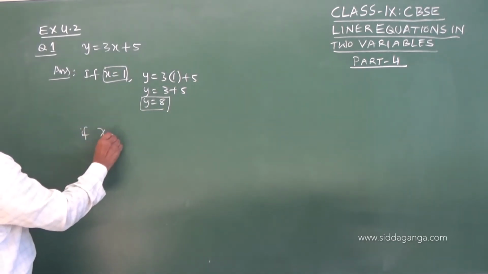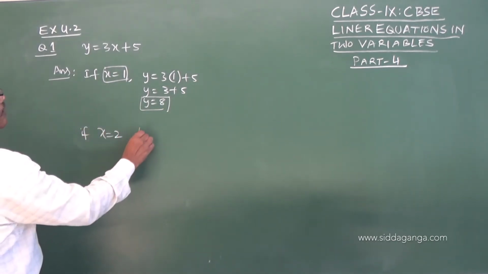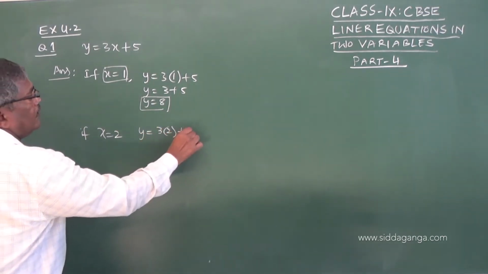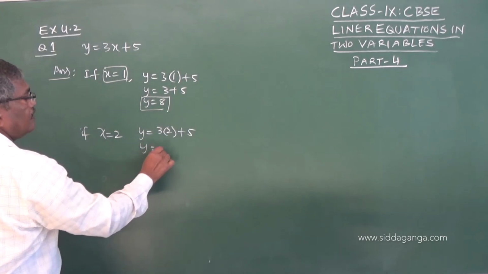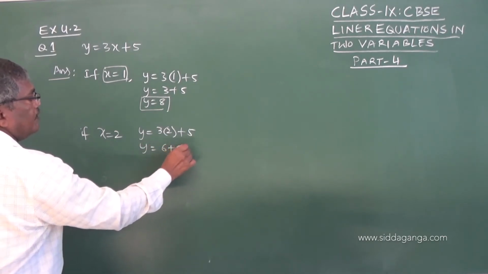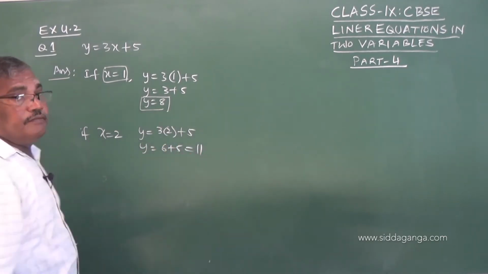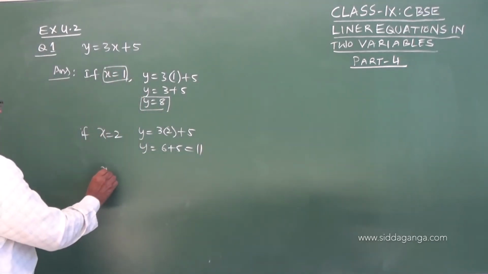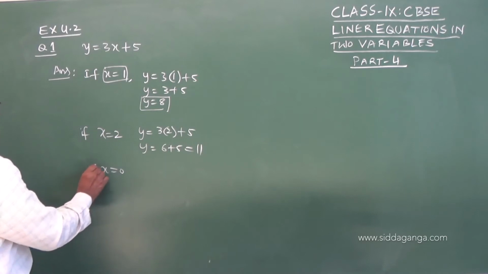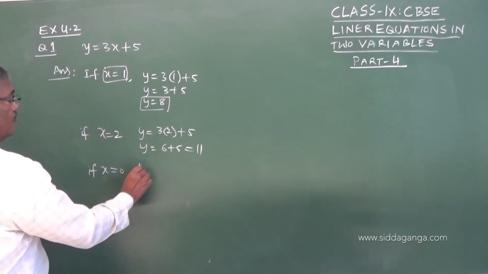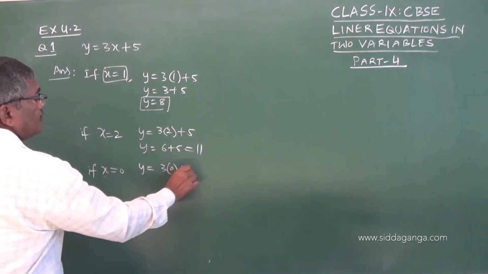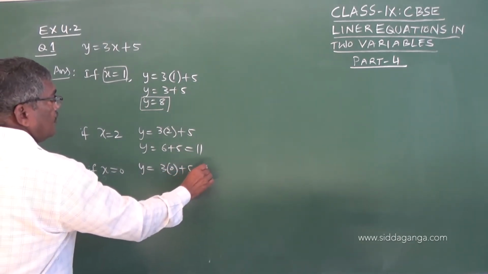If x equals 2, let us say, then y equals 3 into 2 plus 5, y equals 6 plus 5 equals 11. And if I take x equals 0, you will get y equals 3 into 0 plus 5 equals 5.